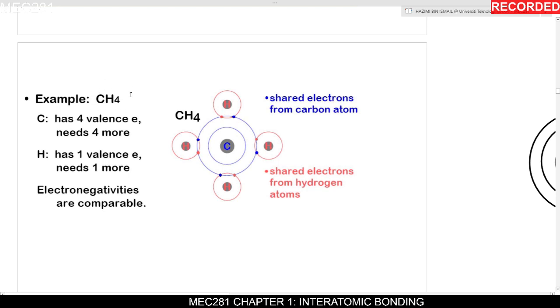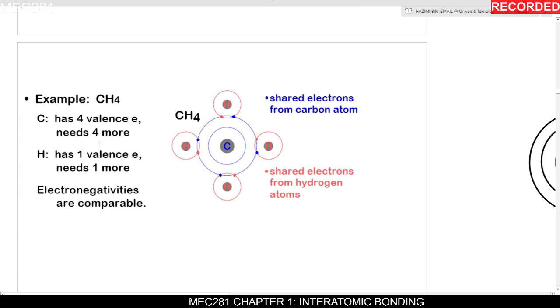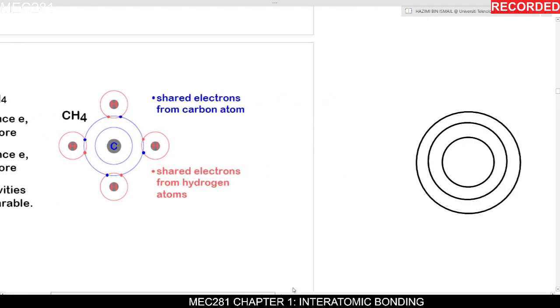Carbon has 4 valence electrons. How do you know that? You have to refer back to the periodic table to see how many electrons carbon has. So it has 14 electrons. So when you have 2 and 10, let me try to draw for you.